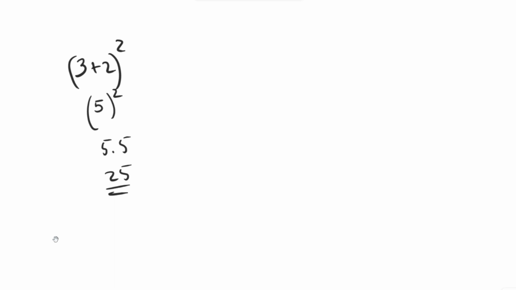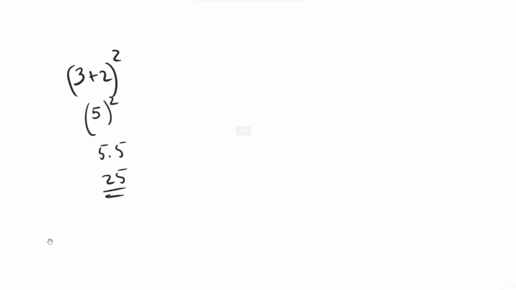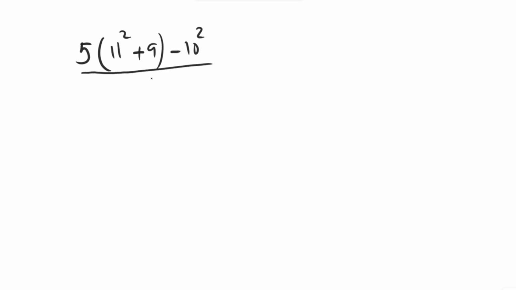So let's go and take another example. We get 5 factor, parentheses 11 square plus 9 minus 10 square, over 50.